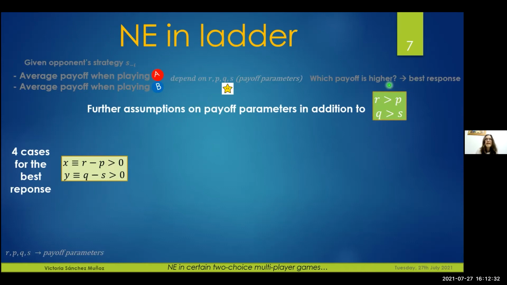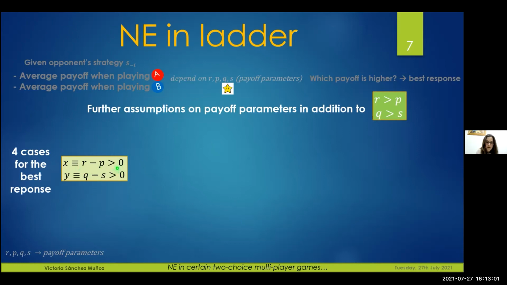So this is what I just showed you. What does this mean? That we need to make further assumptions on the payoff parameters in addition to the original assumption coming from the two-player game. So those assumptions or inequalities are obtained from those two variables, which are X and Y, which are this difference between the payoff parameters, okay?